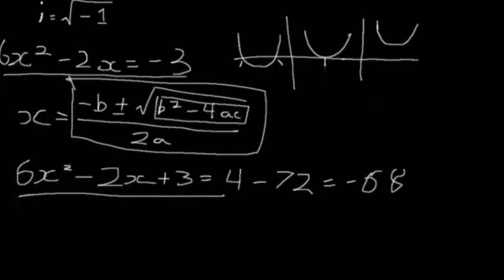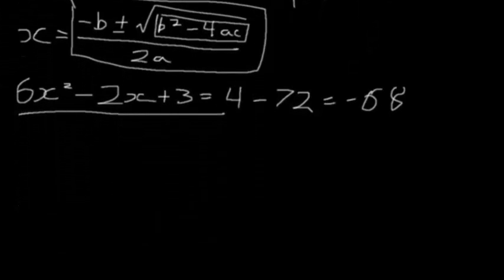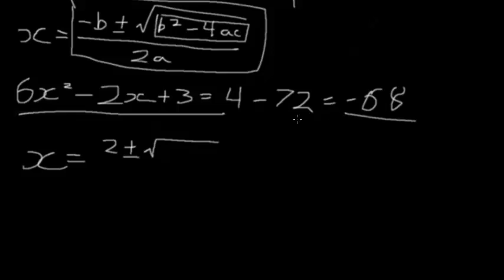So instead of talking, let's just do it. We have here x equals 2 plus or minus the root of negative 68. We already got that from the discriminant. Over 2 times 6, which is 12.